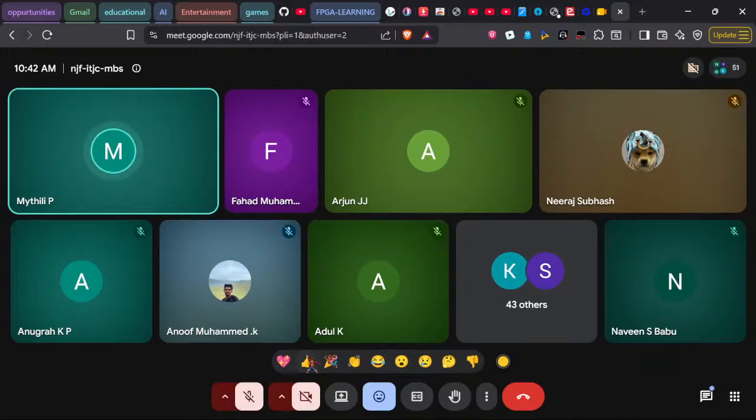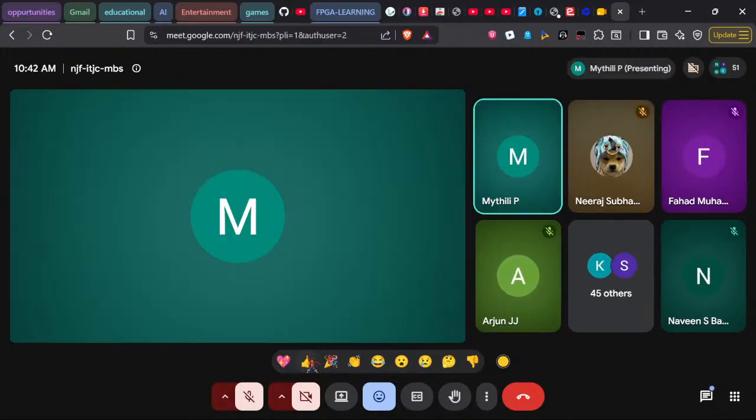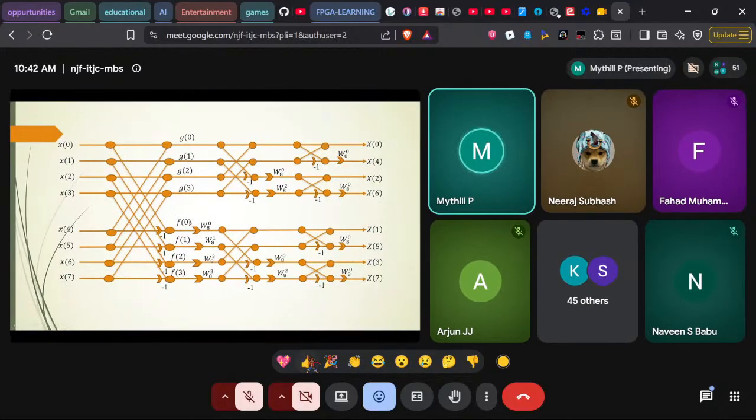Okay, this is the scheme for decimation in frequency. You have this in order. The input is in order, and then you add and subtract in the beginning itself, then multiply the W factors. Similarly, addition, subtraction, upper half.